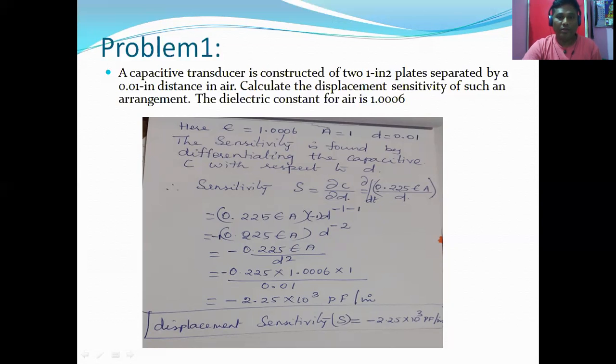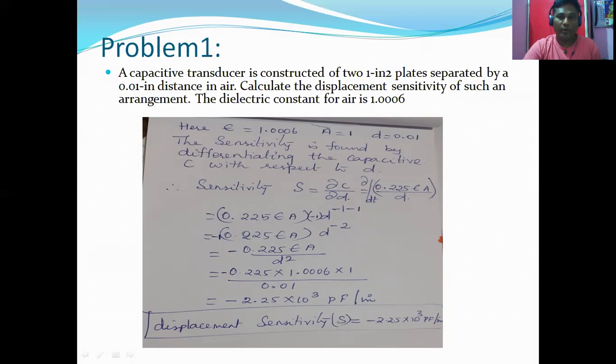Here in the problem, what is the value given? First, epsilon is for air, that is 1.0006. Then A is the overlapping area.